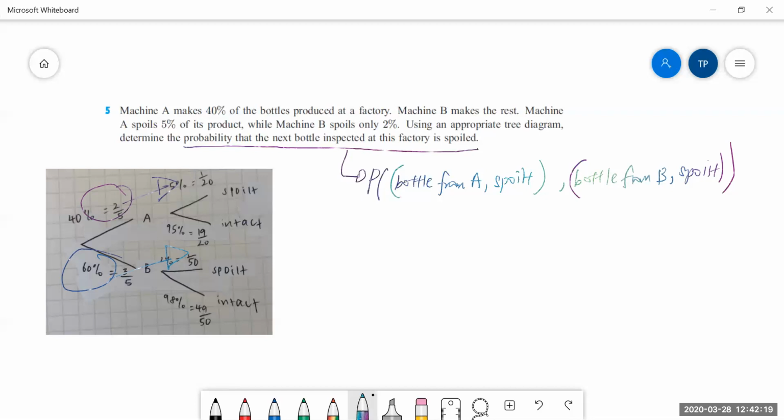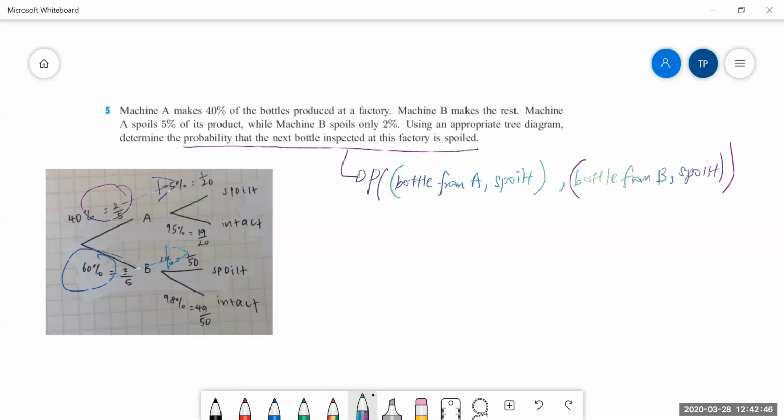I'm still trying to reason it out. Bottle from A spoiled or bottle from B spoiled? I think it's all here, right? Should be all.